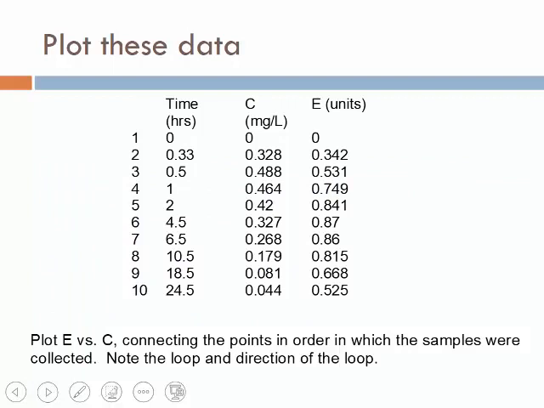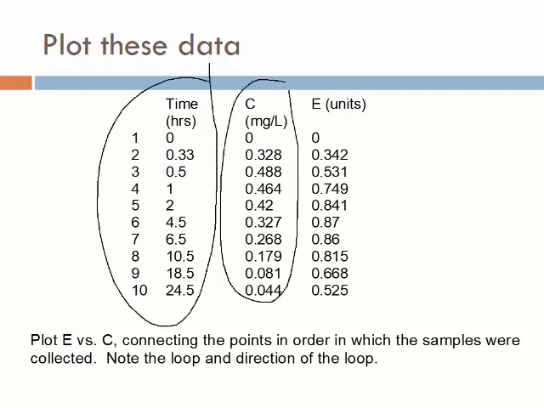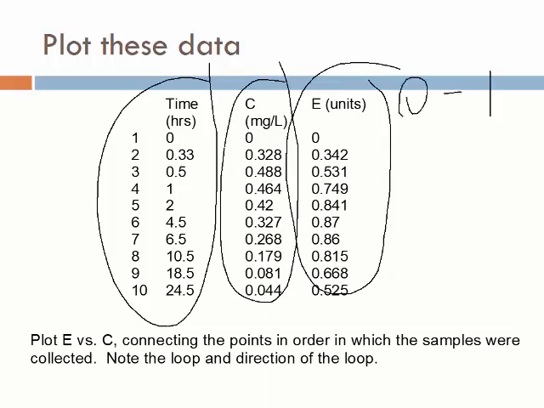Okay, so I plotted this data. Here's all our time data, the concentration data, and our effect data going from 0 to 1. This is a percentage. If you think about it, 0% to 100% of Emax, of our effect, okay?